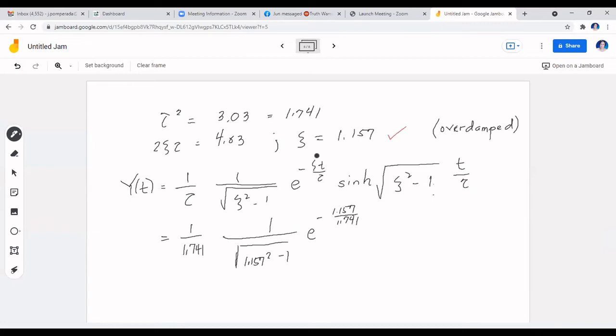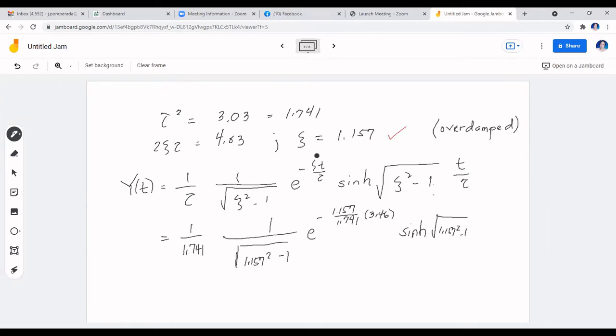And then we substitute the time, which is 3.46. Now, this exponential function will be further multiplied to the hyperbolic sine of your zeta 1.157 squared minus 1.